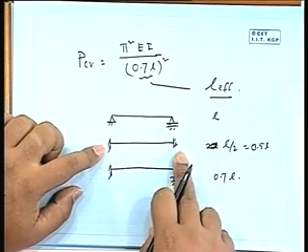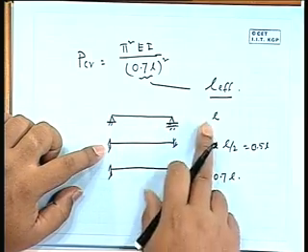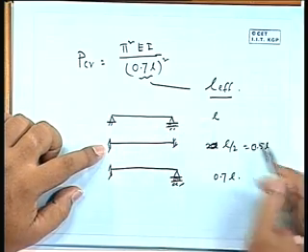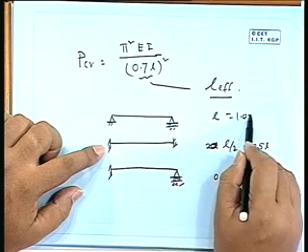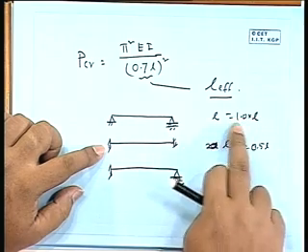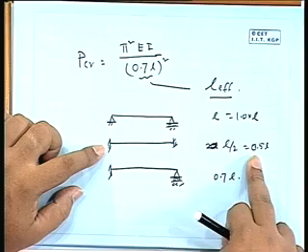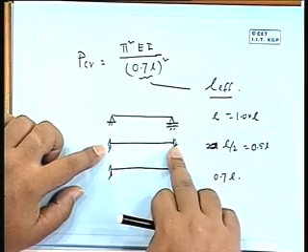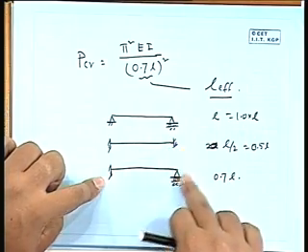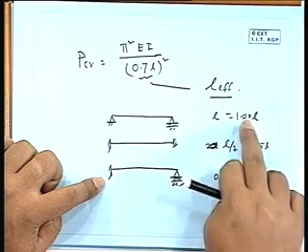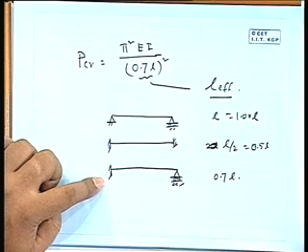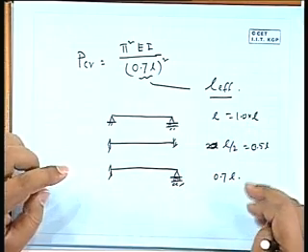Now if you make both the ends fixed, so your L becomes 0.5 L, from 1.0 L. Now if both the ends are not fixed, one of the ends is fixed, it should be in between 1 and 0.5. The value came 0.7.